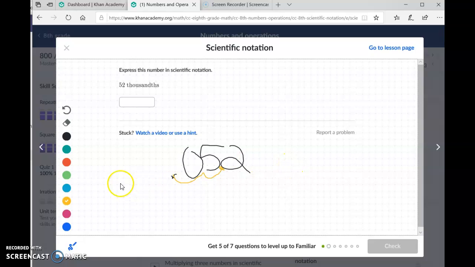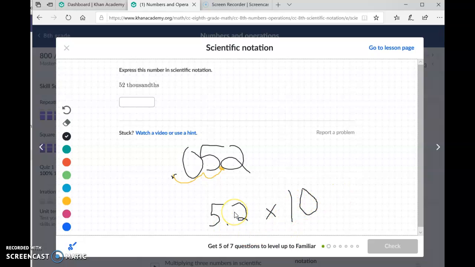Okay, so that means that my answer would be 5.2 times 10, and then I know that I moved the decimal over here to the positive side, but it doesn't make sense for me to make this a positive exponent, because then I would continue to move it right.